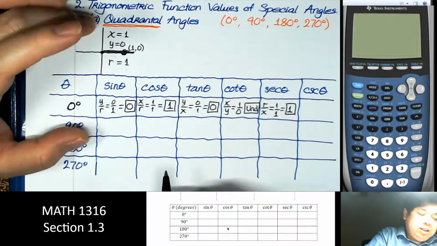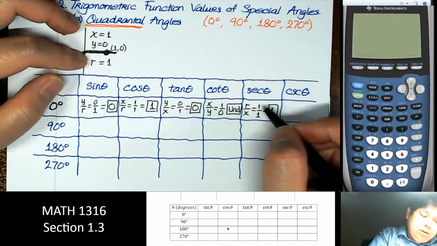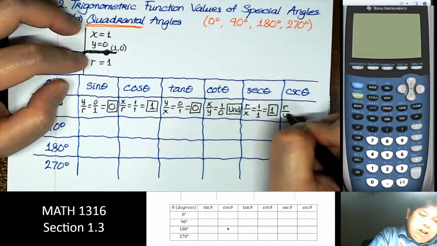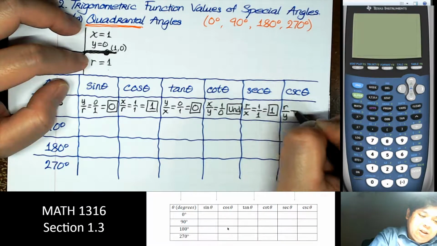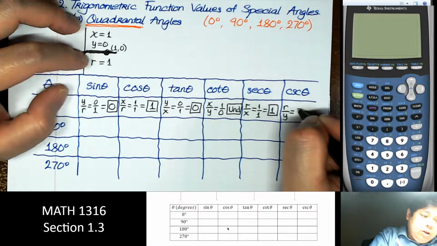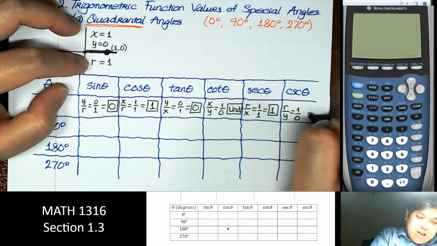And cosecant is r over y, so that is undefined.